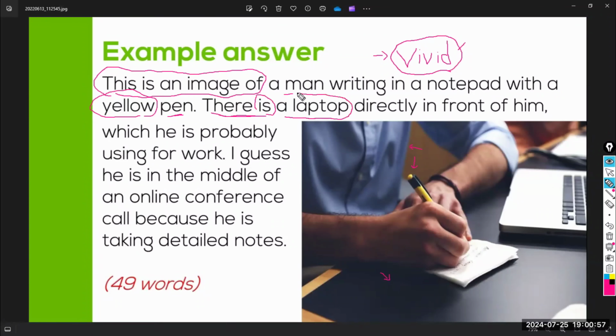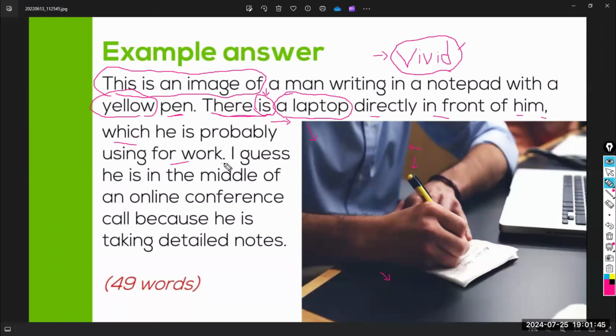But be careful when using there is and there are, please, because the verb precedes the noun, so sometimes I commit mistakes. Please think about the noun, then think about the verb in using there is and there are. So, there is a laptop directly in front of him, which he is probably using for work.